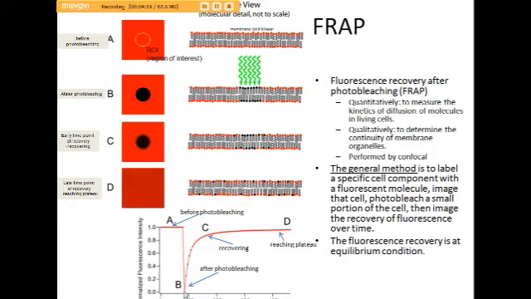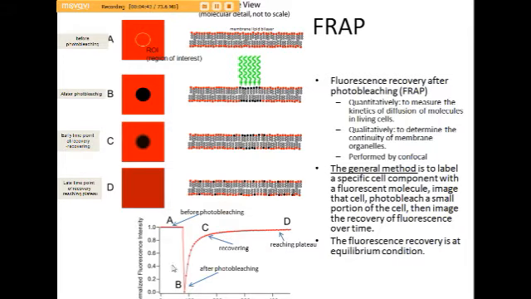Then, after the photobleaching, the fluorescence will recover. Recovery is by the free diffusion of fluorescent molecules to this ROI region. As more molecules diffuse in, if we continuously monitor the total fluorescence within this region, the fluorescence will become higher and higher, eventually reaching a plateau.